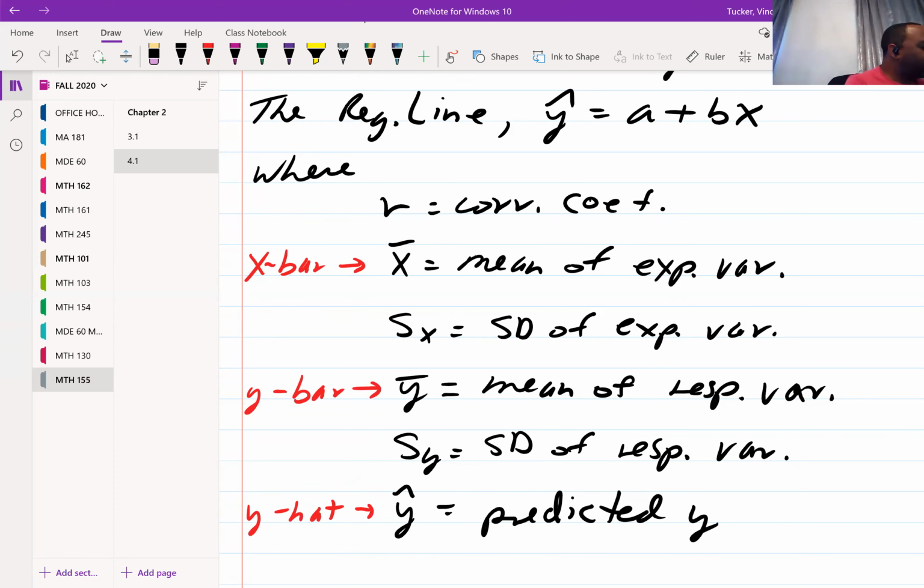Everybody good before we look to do something with these things? These are formulas.